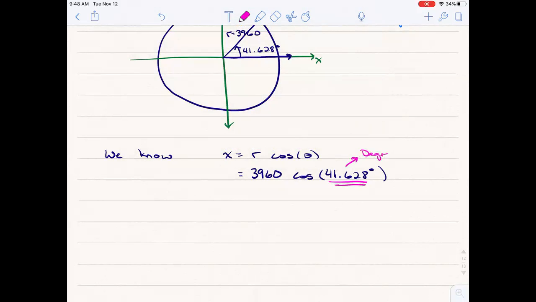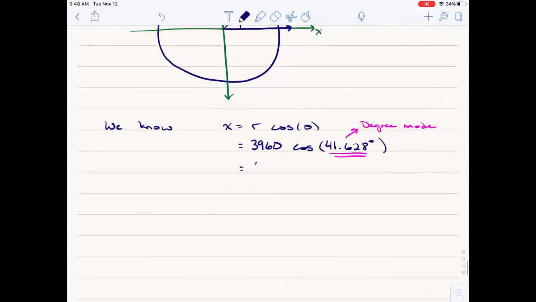I'll just highlight that this must be in degree mode. So we have to change it before we do anything. And so shift setup, angle input, degree is option number 1, and now I'm in degrees. So now I'm able to find the cos of 41.628.